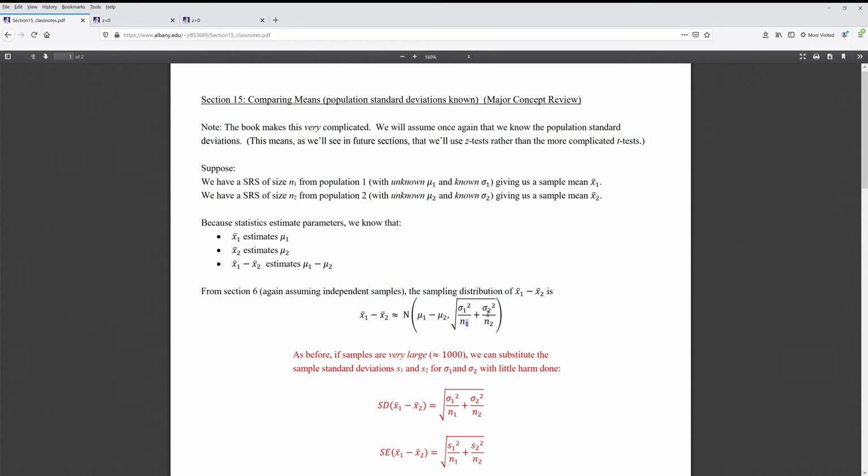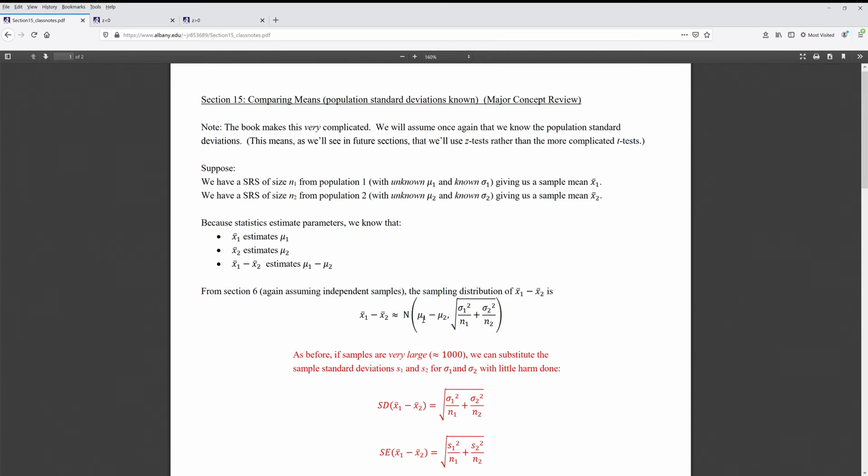Likewise for 2, add them, take the square root. So logically, this is the sampling distribution of our statistic x bar 1 minus x bar 2, which is estimating this parameter, mu 1 minus mu 2.